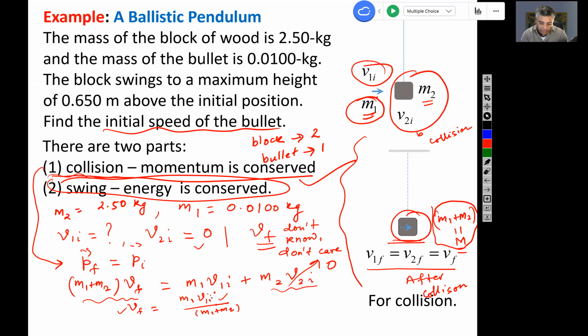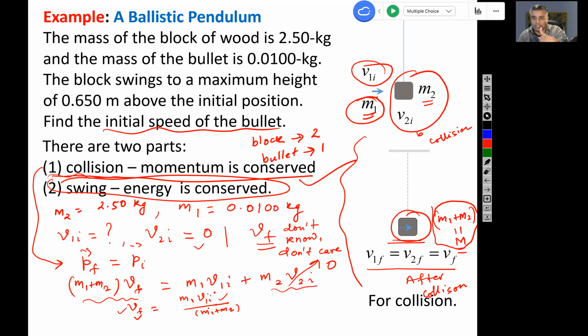Or if you knew VF, then you could solve for V1i. If that is given, then that's good. You are just done, okay? Just plug in and get the number. But in this case, we don't know both V1i and VF. So two unknowns in one equation means we cannot solve that equation as it is.